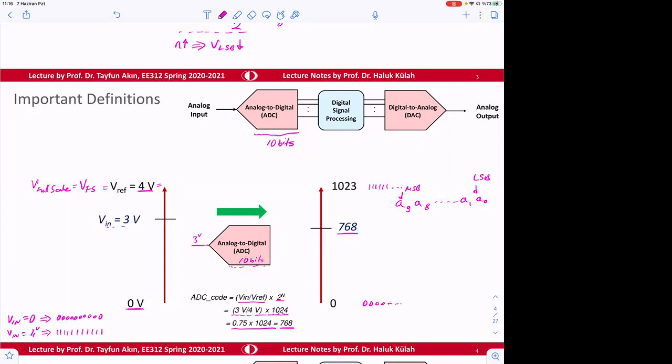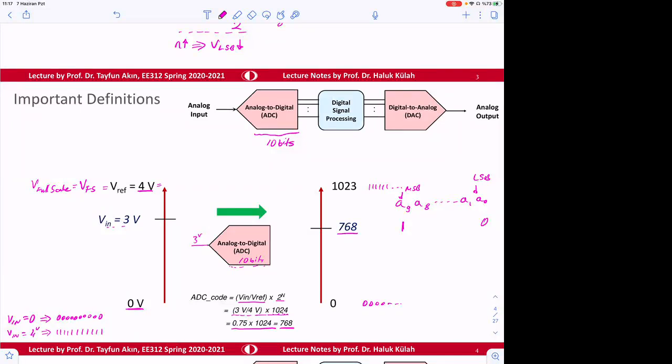I'm not going to try to find that out right now, but we know that the last digit should be 0 because 768 is an even number, not an odd number.